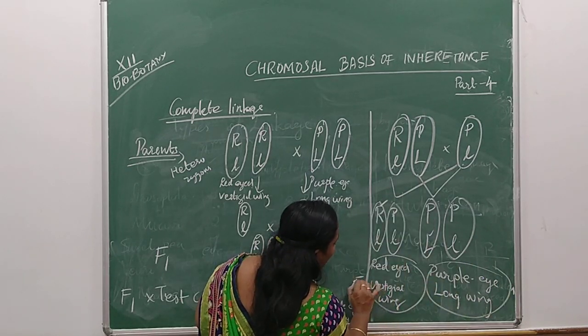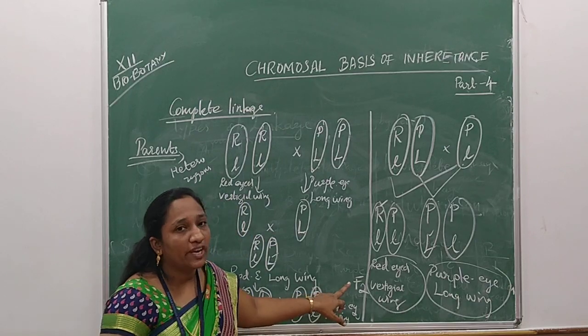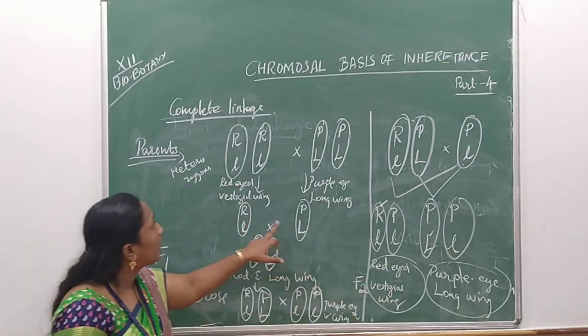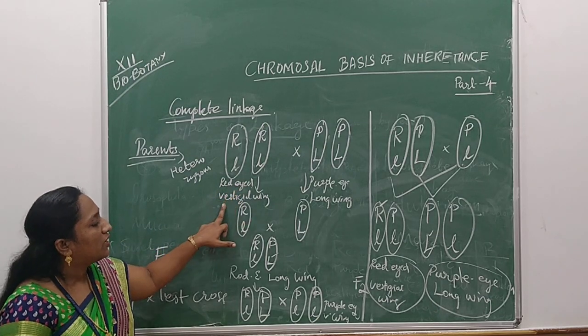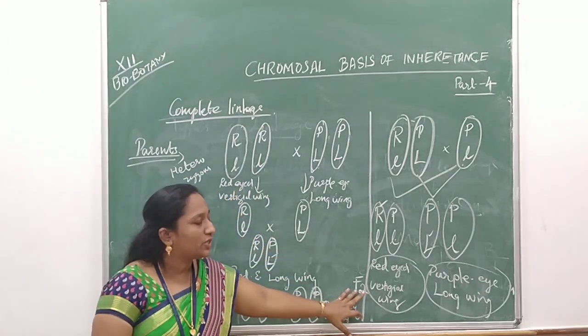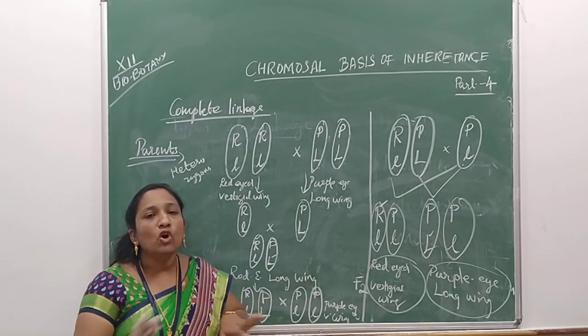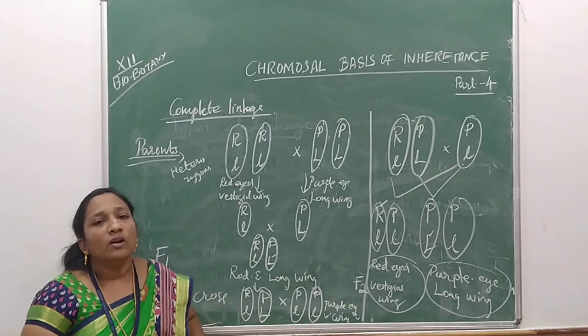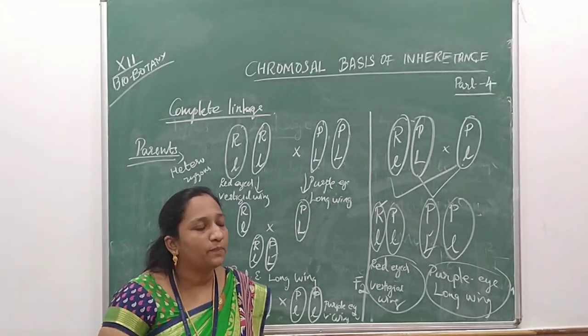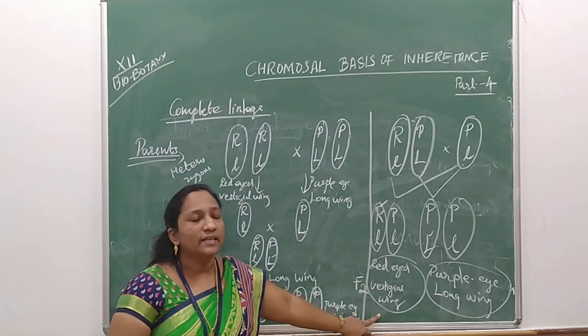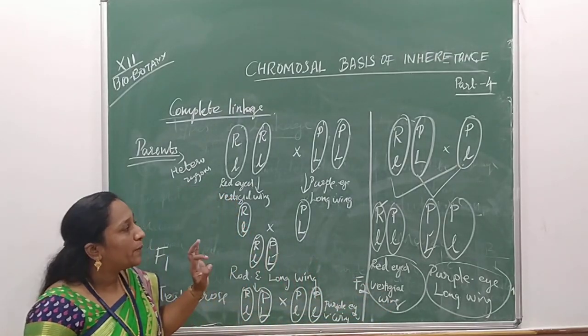This is the F2 generation. The F2 generation is getting these characters. What is the red-eyed vestigial wing? Where can you find this red-eyed vestigial wing? Again in the F2 generation, the parental character is exposed again. Because no recombination takes place here, the parental character is expressed again. What is the expected percentage?